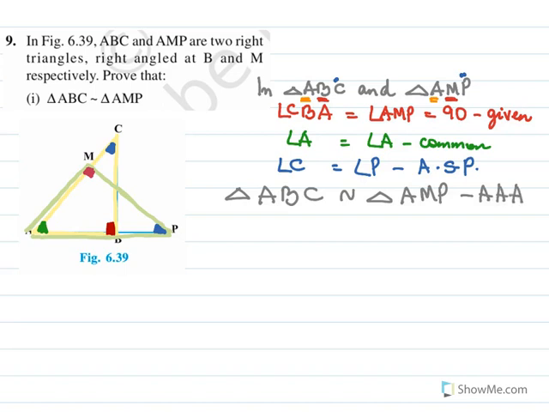Now if the triangles are similar, the corresponding sides are proportional, which means AB over AM will be equal to BC over MP. So we have BC over MP, which is also equal now to AC over AP.